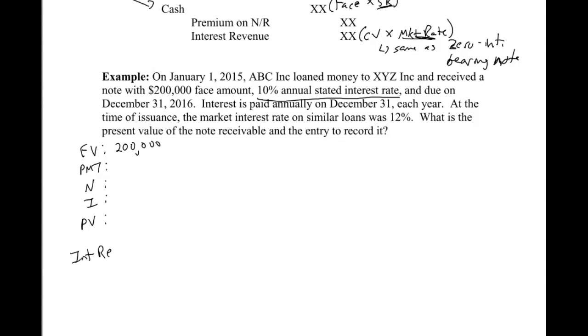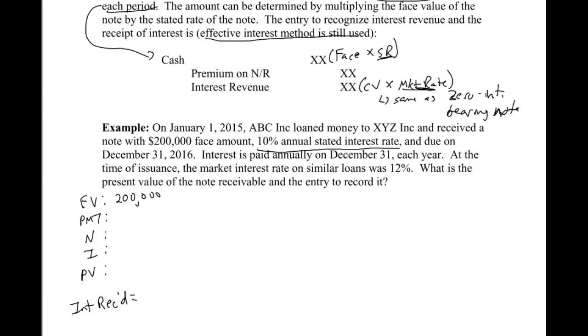So the interest received each year is the face value, like the calculation right here. We have the $200,000 times the stated rate, which was 10%.